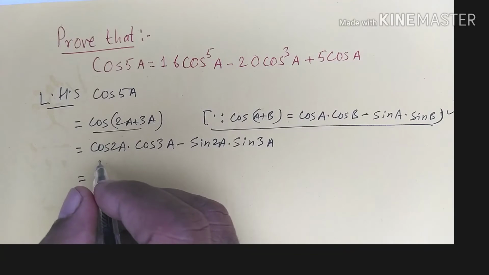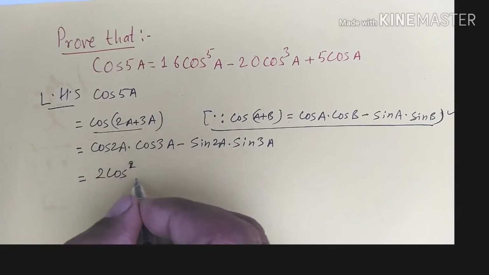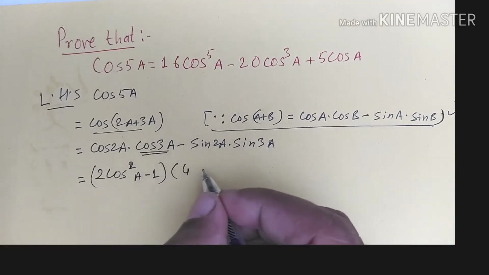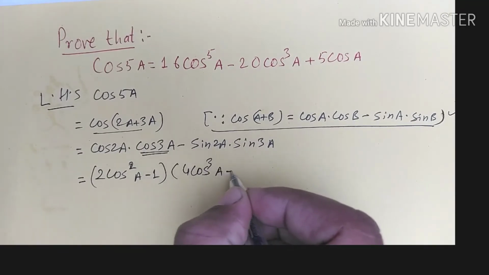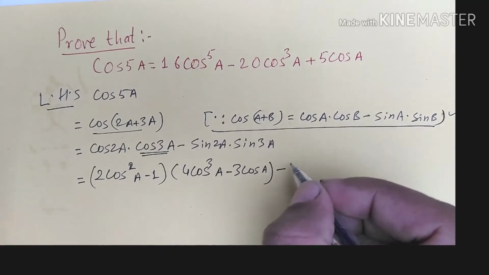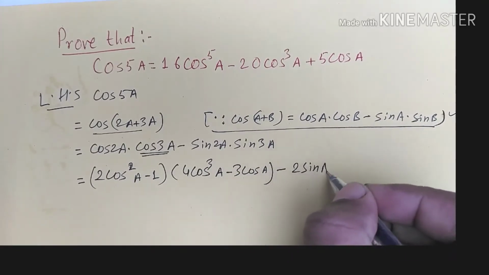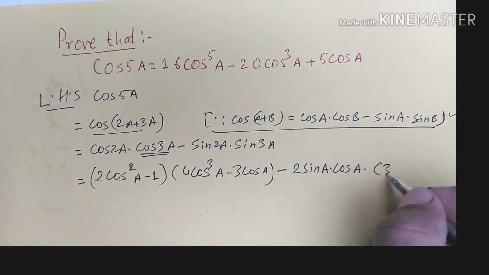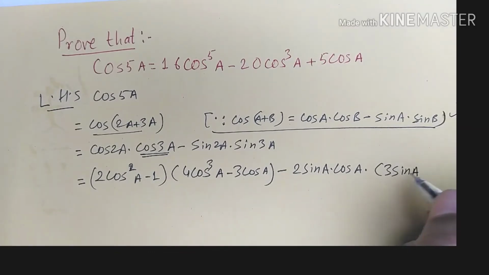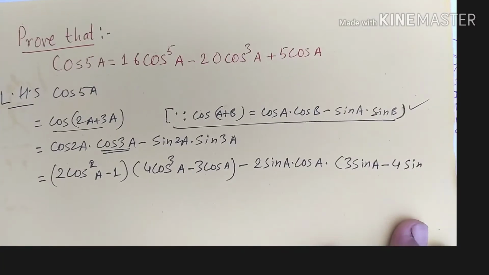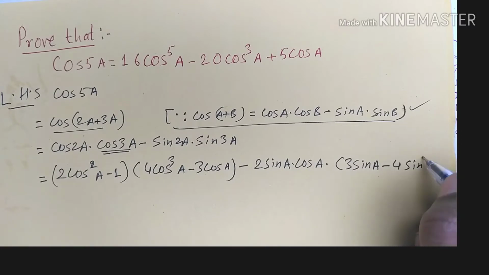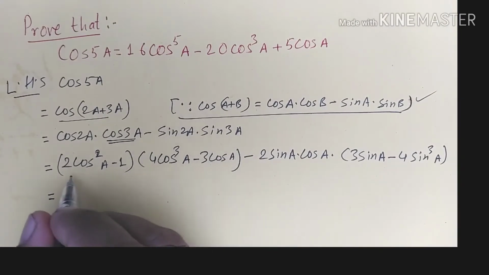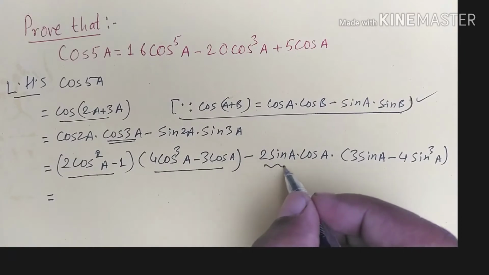Now cos 2a can be written as 2 cos square a minus 1, and cos 3a can be written as 4 cos cube a minus 3 cos a, minus sin 2a can be written as 2 sin a dot cos a times sin 3a, which can be written as 3 sin a minus 4 sin cube a, and this term must be multiplied with this one, and this one term will multiply to this.